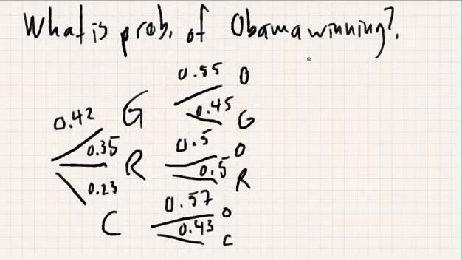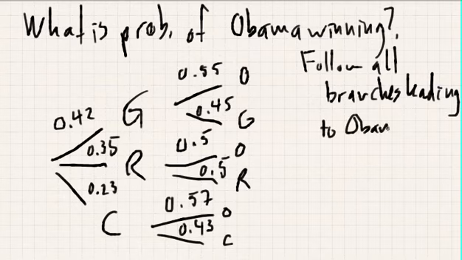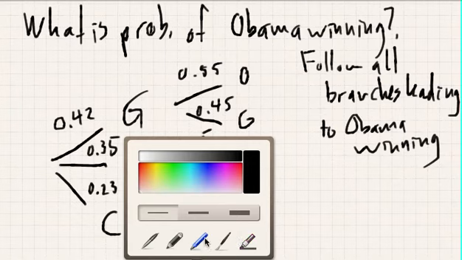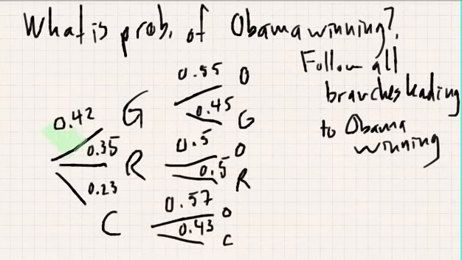Now what we're going to do is follow all branches that lead to Obama winning. So the three branches we're going to look at are this branch right here.